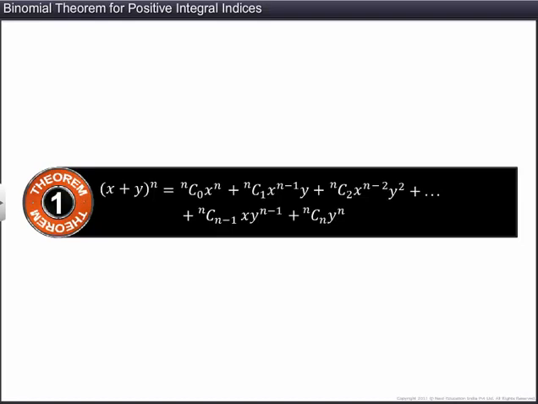The theorem states that (x + y) whole raised to the power of n is equal to nC0 x raised to the power n, plus nC1 x raised to the power n minus 1 into y, plus nC2 x raised to the power of n minus 2 into y raised to the power 2, and so on up to nC(n minus 1) x into y raised to the power n minus 1, plus nCn y raised to the power n.